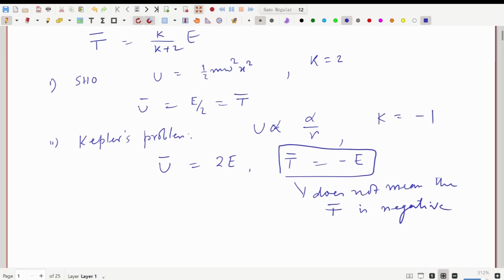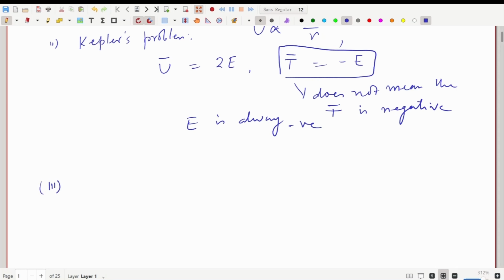Why? Because this is a bound state problem, Kepler's problem, and E is always negative. So the average kinetic energy is positive, and the average potential energy is negative.